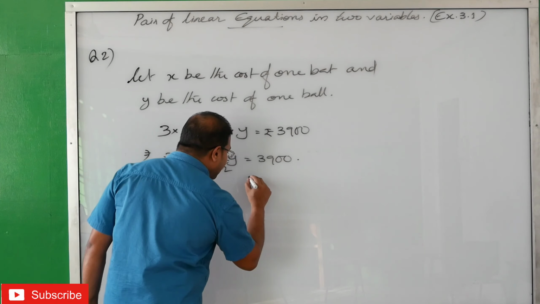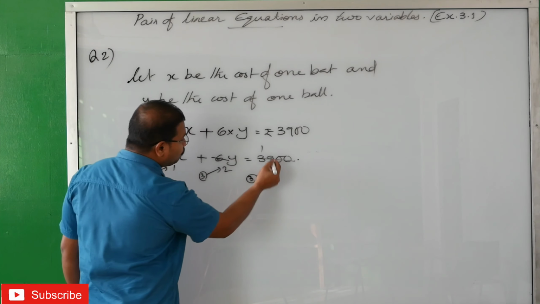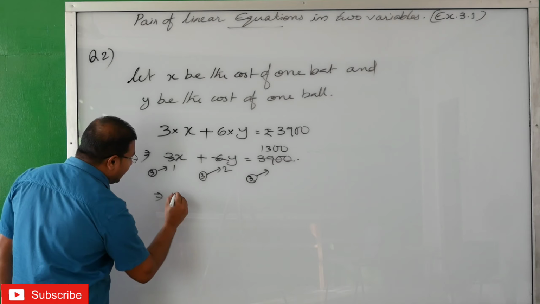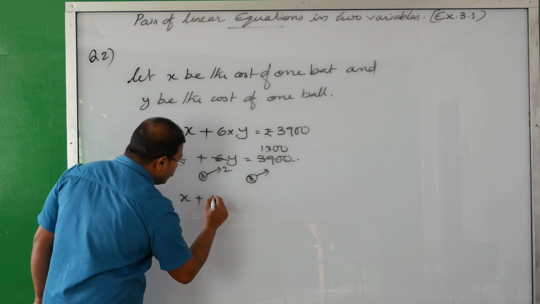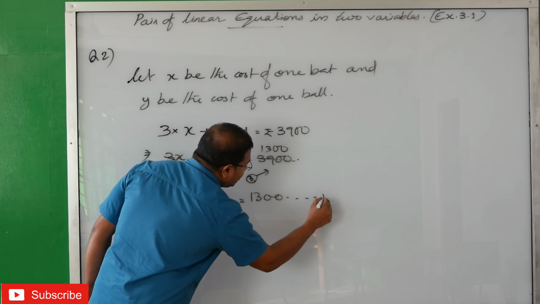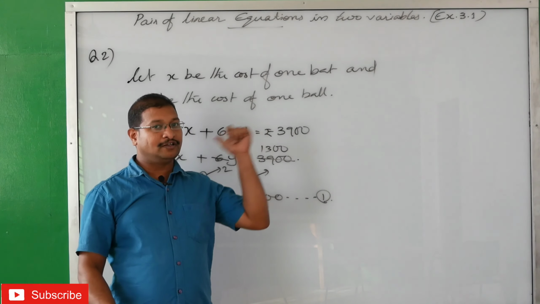Now we will cancel by 3 here. 3 ones are 3, 3 threes are 9 and these 2 zeros we will write. This implies we'll get x plus 2y equals 1,300. This is equation number 1. This is the first algebraic representation of this question.